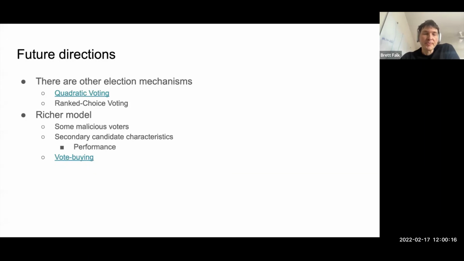Moving forward, there are lots of other election mechanisms that we haven't thought about at all. We focused on approval voting because that's what's being rolled out in some of these systems, but you could use quadratic voting, ranked choice voting, and many others. It seems important to figure out how you want to elect these committees, because this can be divorced from all the other aspects of the system.